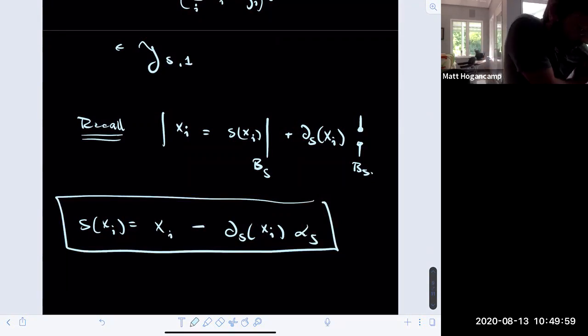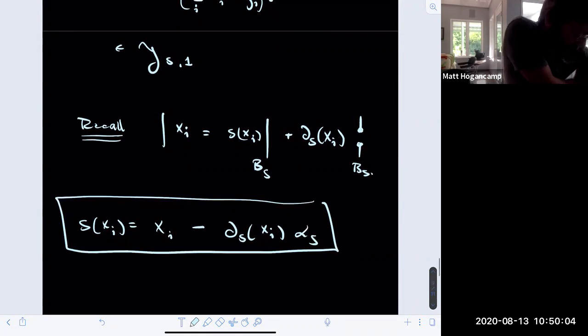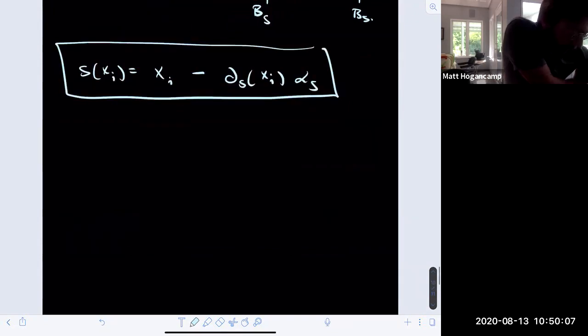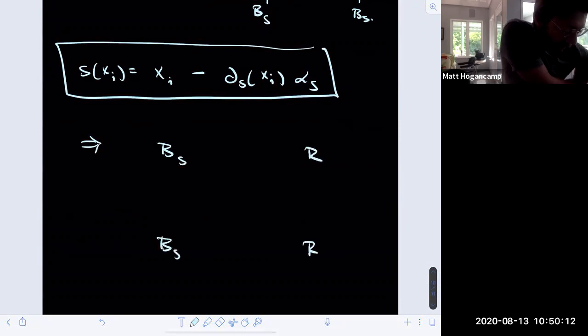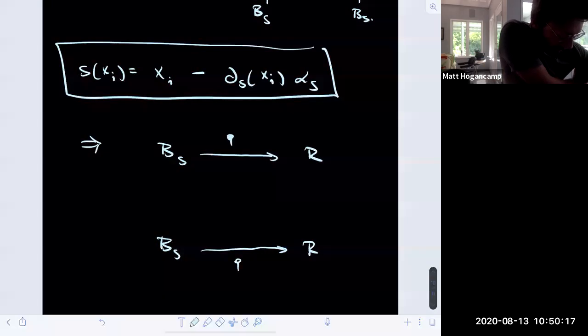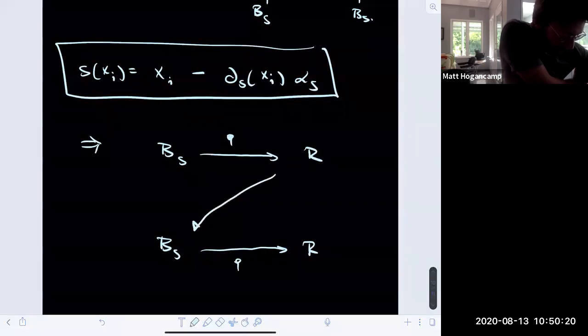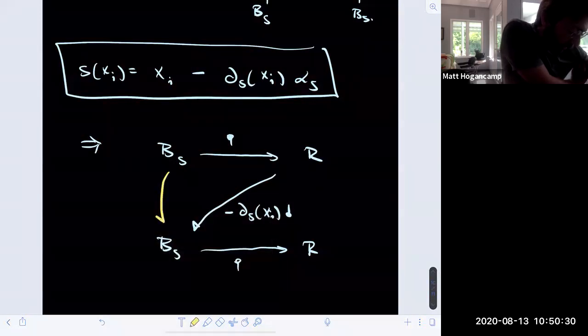Anyway, this equation implies, if you take the standard Riquier complex for S, the following diagram defines a homotopy. So I'll take negative partial S of xi times the inverse lollipop. And the differential of this homotopy is exactly S of xi on the left minus xi on the right.